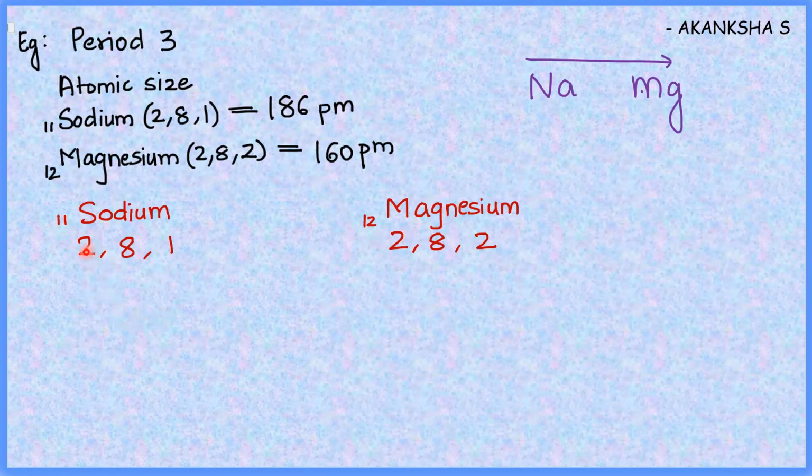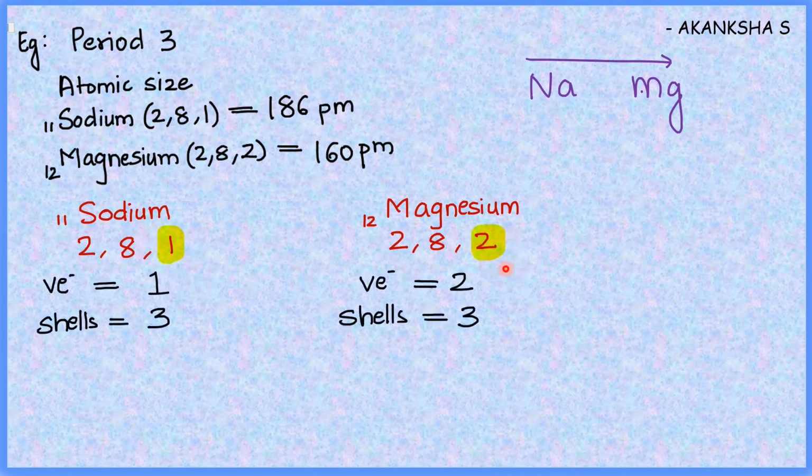Sodium's configuration would be 2, 8, 1. Magnesium would be 2, 8, 2, right? In sodium, only one valence electron is present, whereas in magnesium, two valence electrons are present, meaning sodium's nucleus only needs to pull one electron, but magnesium's nucleus needs to pull two individual electrons towards itself.